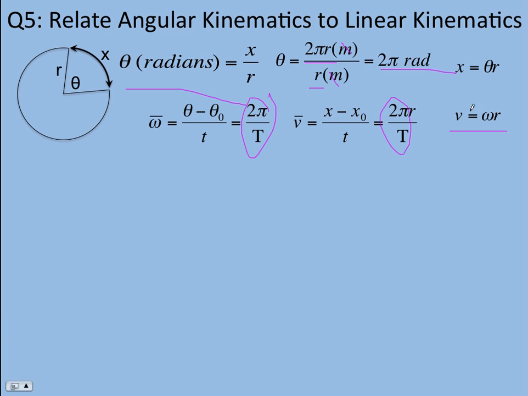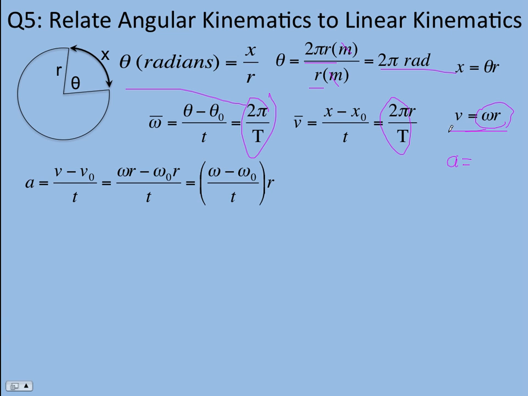And so do you see a pattern here? What do you think A is equal to? And so if I want a third one, A is equal to, how would that relate to alpha? Well, let's see. And so A is change in velocity over change in time. And I can take V as omega r and put that into each V. And so I get this.